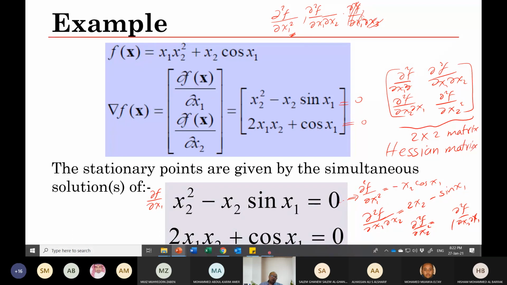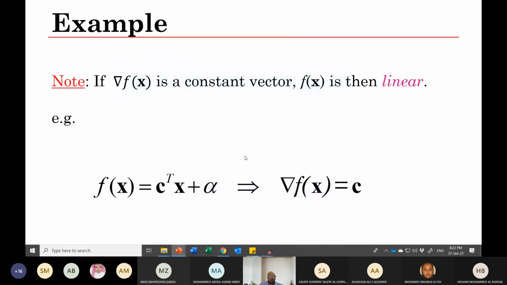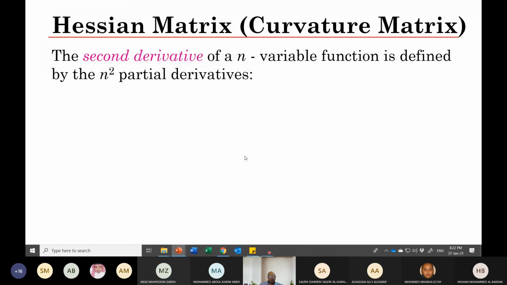This is the second derivative of the function with multivariable. So this Hessian matrix, of course, plays the same role as d square f by dx square. When you want to get the maximum or minimum value of the function with only one variable, you have df over dx, and you put this equal to 0.